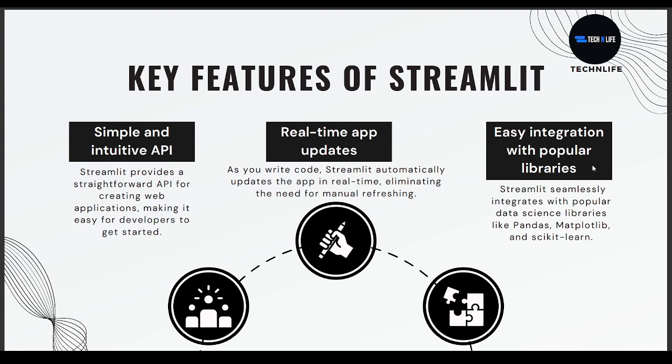That easy and that simple. Then, easy integration with popular libraries, like scikit-learn for machine learning and deep learning applications, pandas for data handling, and matplotlib for visualization purposes. Along with matplotlib, we also use the seaborn library of Python for visualization. So such easy integration is available with popular libraries.